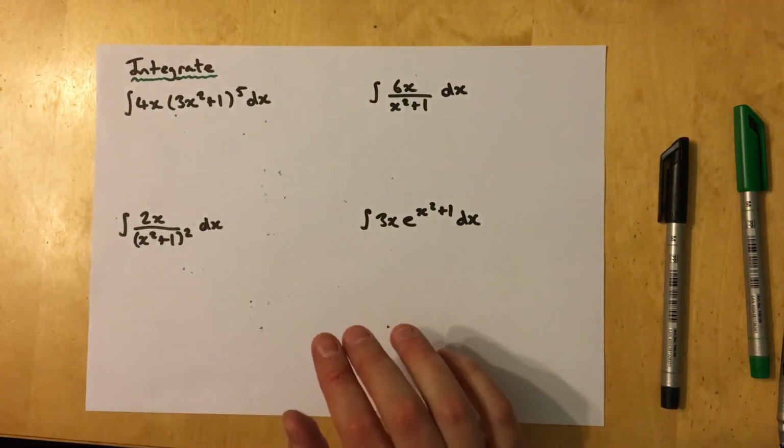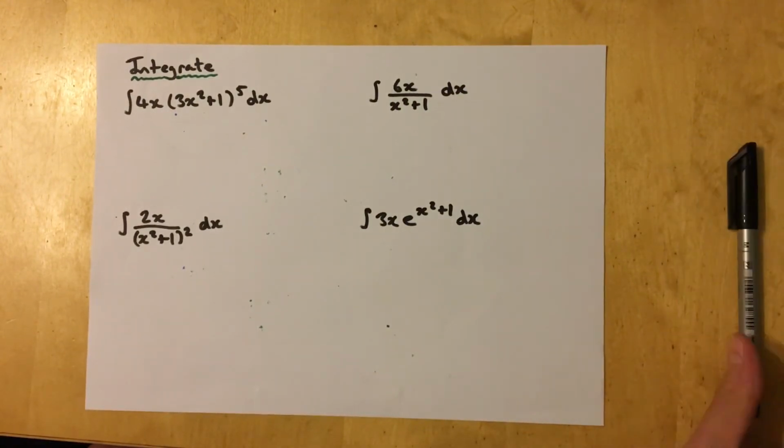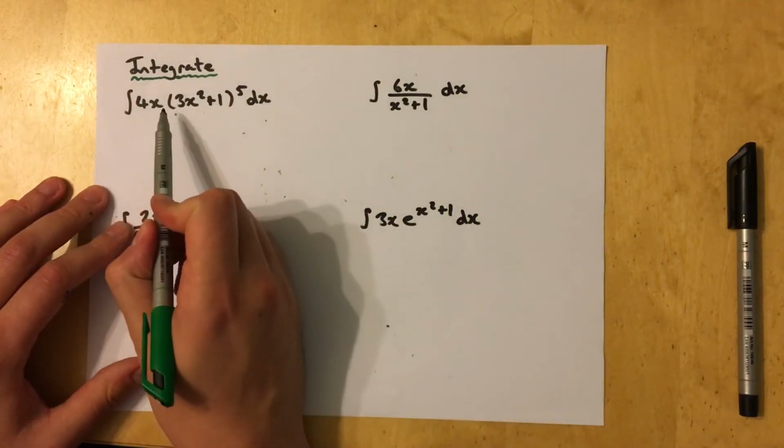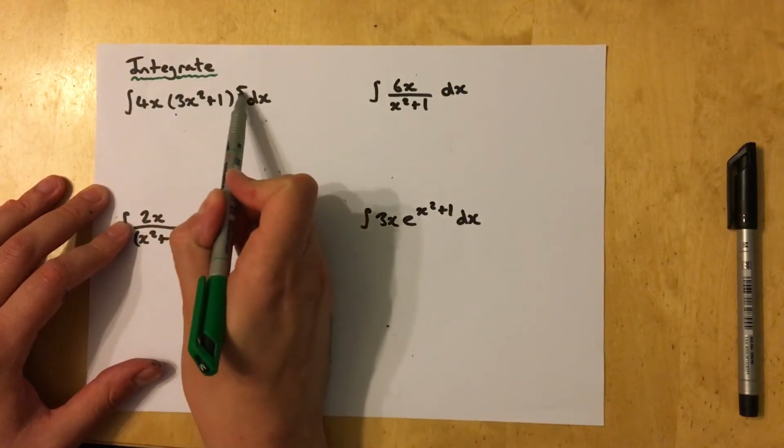So if we have a look now at a mixture of questions, what we should be aiming to do, if we're asked to integrate something, is first of all try to identify if it's in one of those 3 forms, and if it is, we can reverse the chain rule. Looking at this first one, I've got a function being raised to a power.